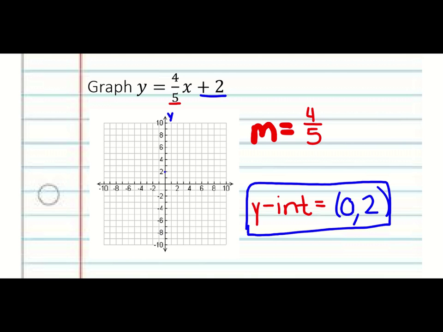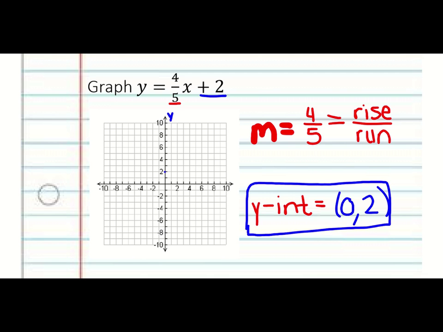Once you have plotted your y-intercept, you then use the slope to finish graphing the line. In one of the first slides, I said that slope was rise over run, and that we would come back to that when we got to the graphs. So when we say slope is rise over run, we have to count 4 units where we would rise from our y-intercept and 5 units where we would run from our y-intercept.